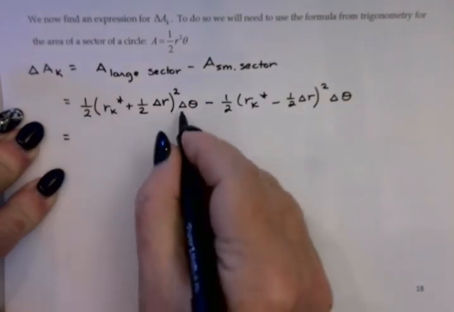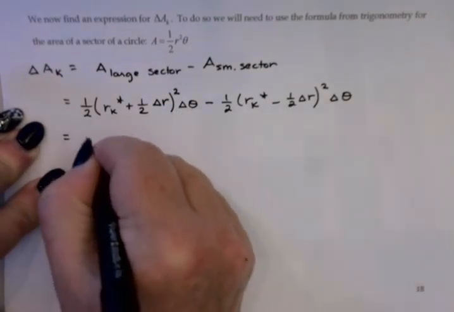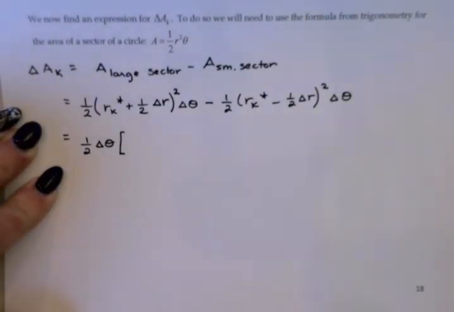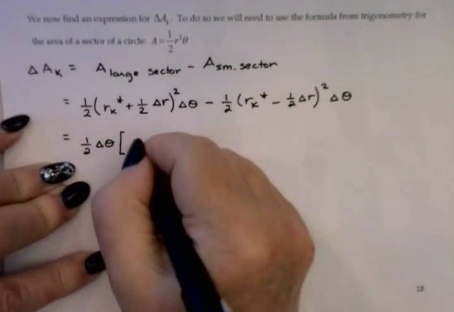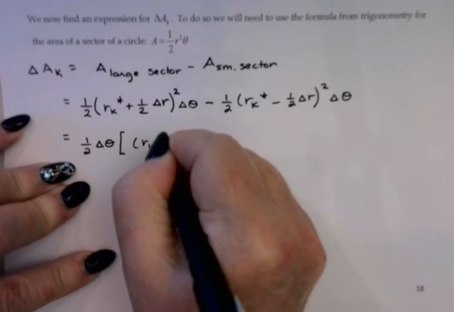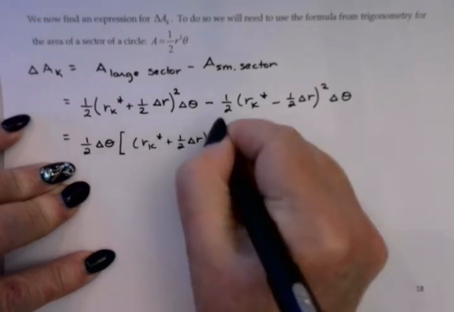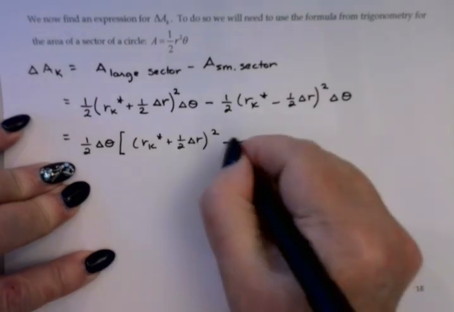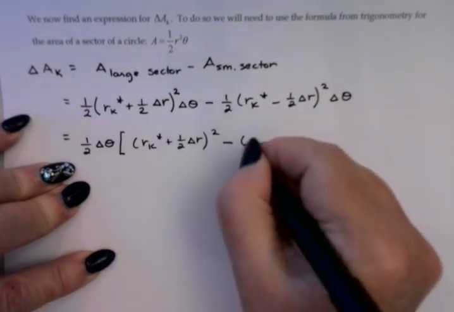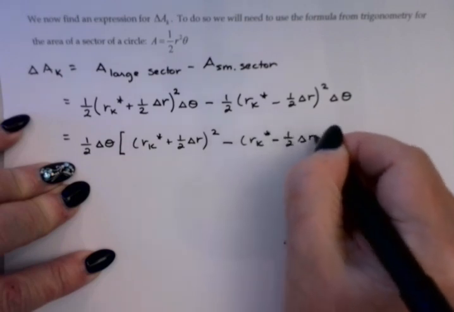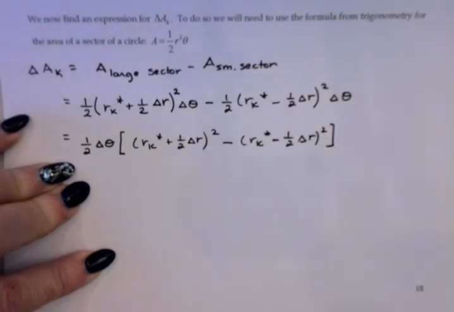I'm actually going to factor out the 1/2 delta theta because that's in both terms. And then I'm going to have the r k star plus 1/2 delta r, square that, minus, I factored that out, so r k star minus 1/2 delta r, squared.